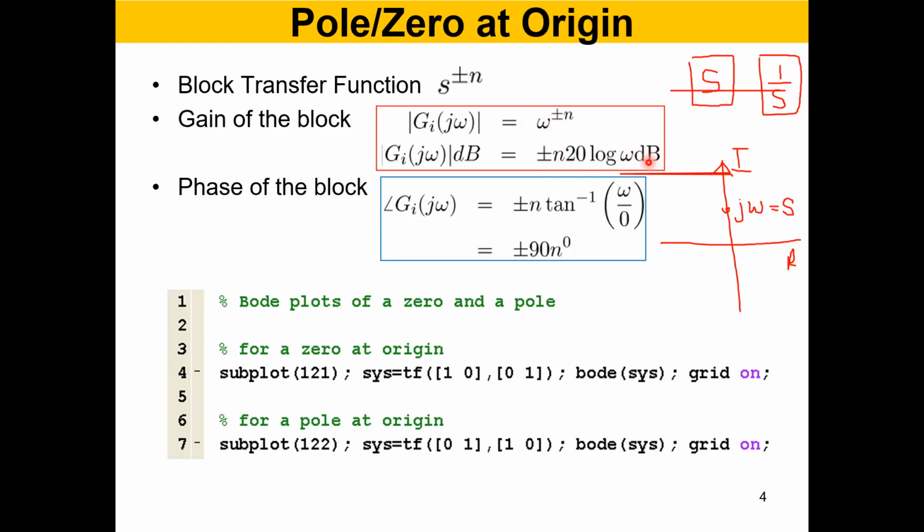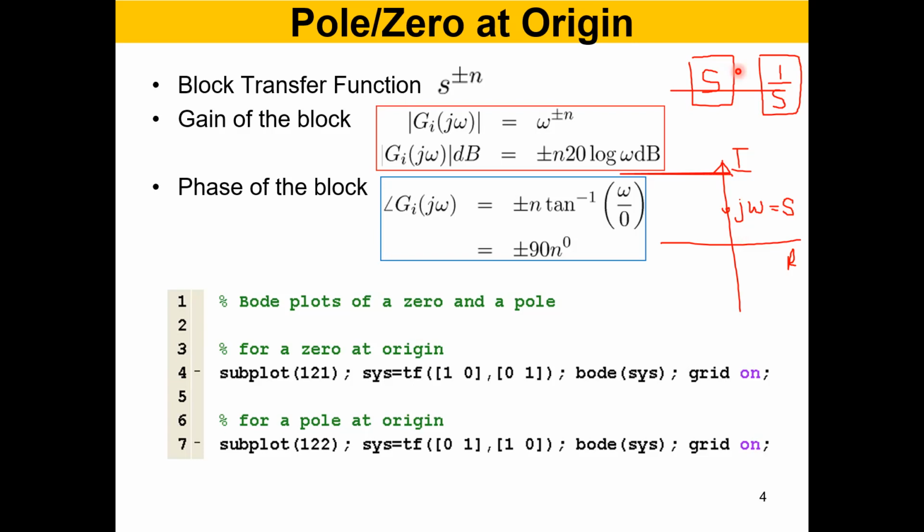Then the phase of the block. Phase is the angle, and as you can see over here, the angle is 90 degrees. If it is a zero, it is positive phase. If it is a pole, it is negative phase, depending on whether you have s in the numerator or the denominator. Any angle coming from the numerator is positive.